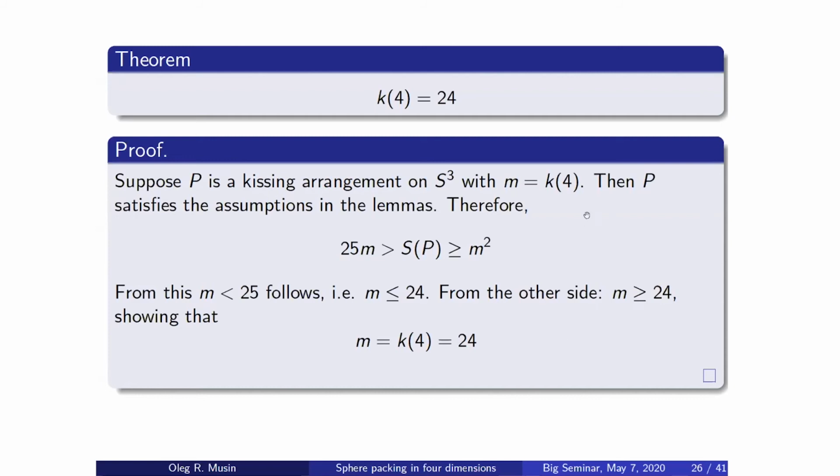So from one side, from the two lemmas, we have this inequality: the sum is less than 25m and greater or equal to m squared, and then we obtain immediately that m is less than 25. That means you cannot have more than 24 vectors.